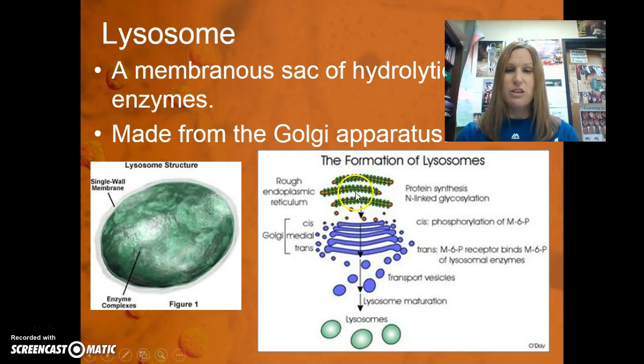Well, we started off with the protein synthesis in the rough ER. That got packaged, that vesicle went from the rough ER to the Golgi, and then the Golgi modified it, transported it out from the trans side, and it's a lysosome. It's one of the things that a Golgi can make.